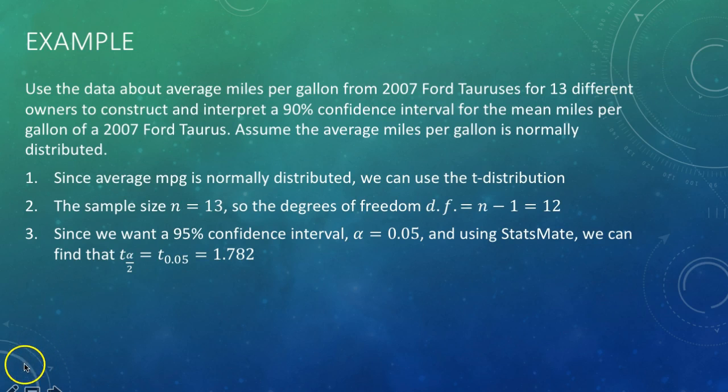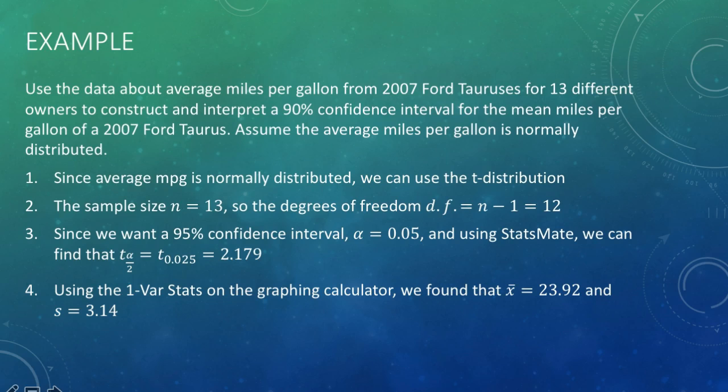So I'm going to pause and fix it, and my apologies. Okay, now that's all fixed up, it should have been the t-value for alpha over 2 being equal to 0.025, and when you enter that into StatsMate, you get a critical value of 2.179, which did have to get rounded up from 2.1788.